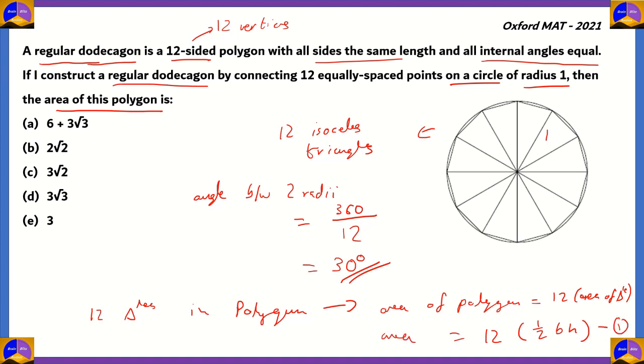But here we run into a problem. We're given isosceles triangles. The equal sides, their length is equal to the radius of the circle, which is 1. However, we're not given anything related to the base and the height. So we need to find out how to express the area of a triangle in terms of two sides.